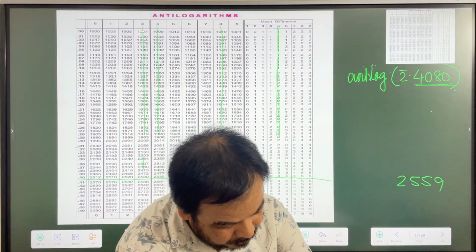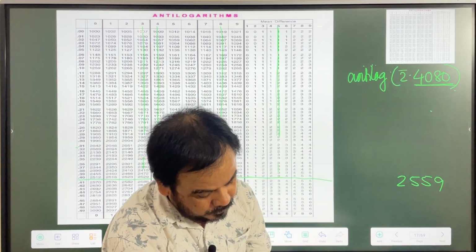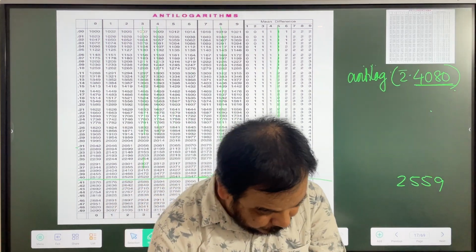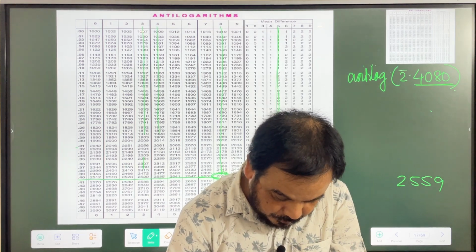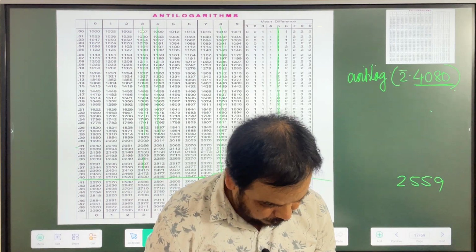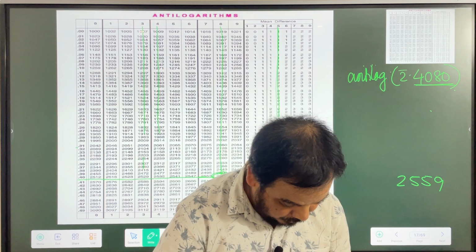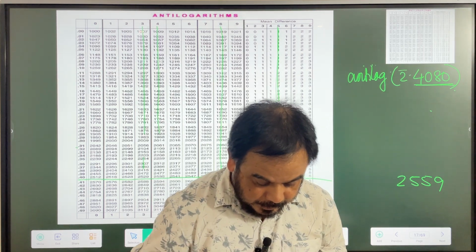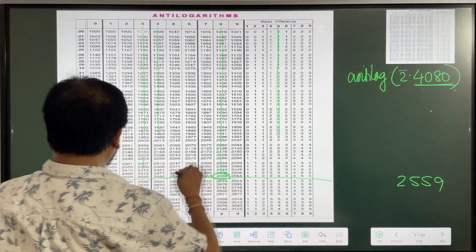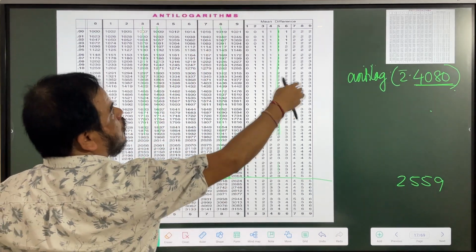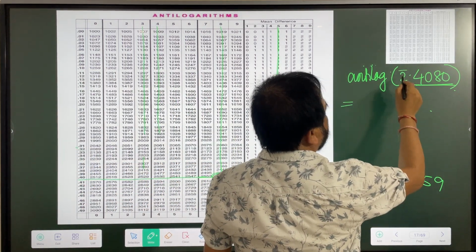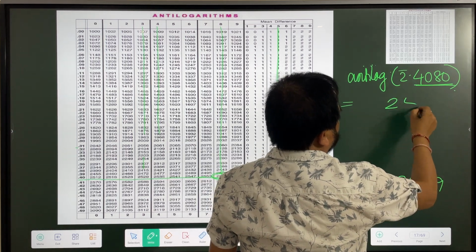There is no 0 in the anti-log table, so you don't have to write this 0, and we don't have to go to the mean difference. So we have got 2559. The anti-log of 0.4080 is 2559.